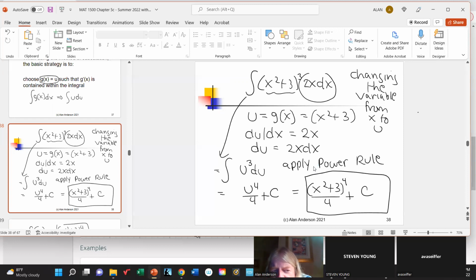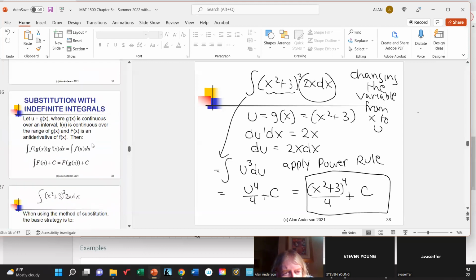That's where it can get a bit sticky. The good thing, though, is that if you pick the wrong thing for u, you can just try something else until you find the one that works. But after a while, you start to notice certain patterns that form, and you'll start to notice, this is probably what we should do for our u, and you'll get pretty good at it. Let's put it that way.